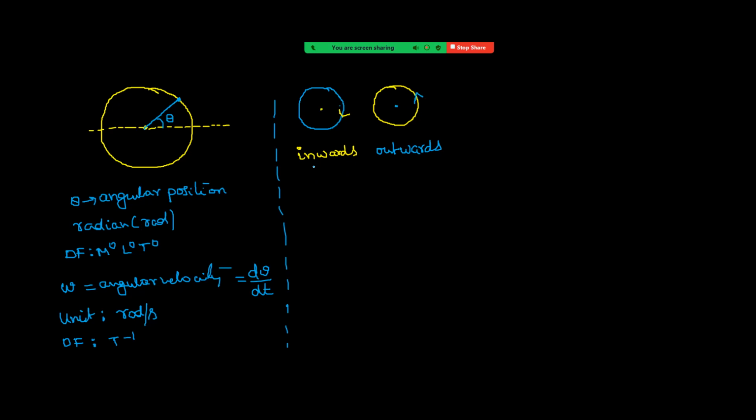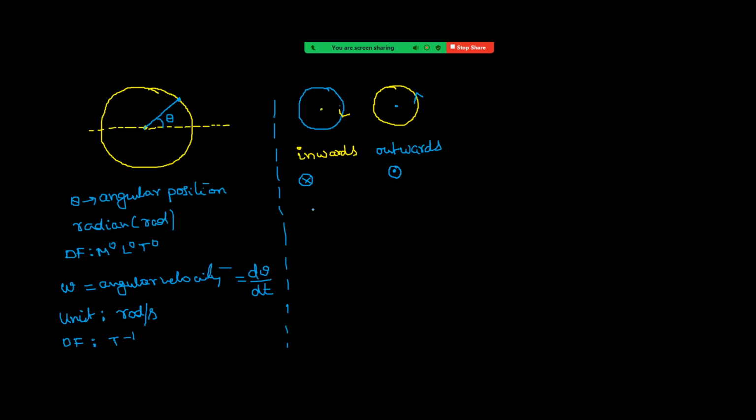Sometimes we represent inwards with a cross in a circle and outwards with a dot in a circle. Just imagine an arrow coming towards us: we can see only a dot. If the arrow is moving away from us, into the board, we can see a cross mark. So inwards means cross circle, outwards means dot circle. Like this, we can show the direction of omega along the axis. It is normal to the plane of the circle.